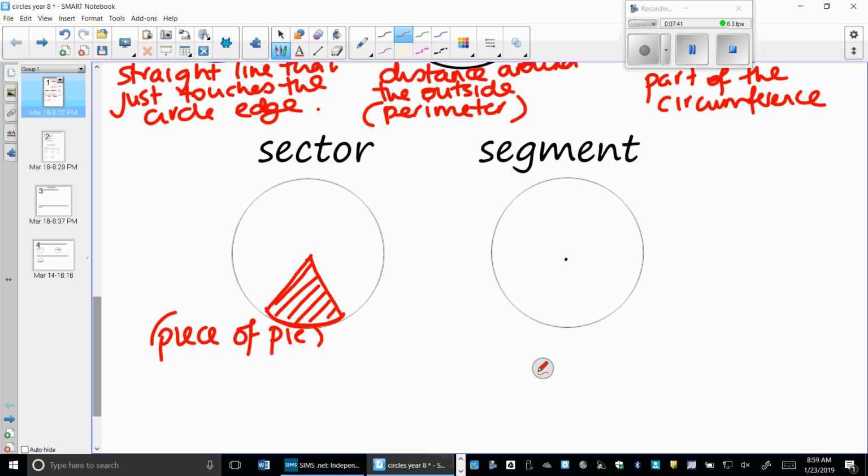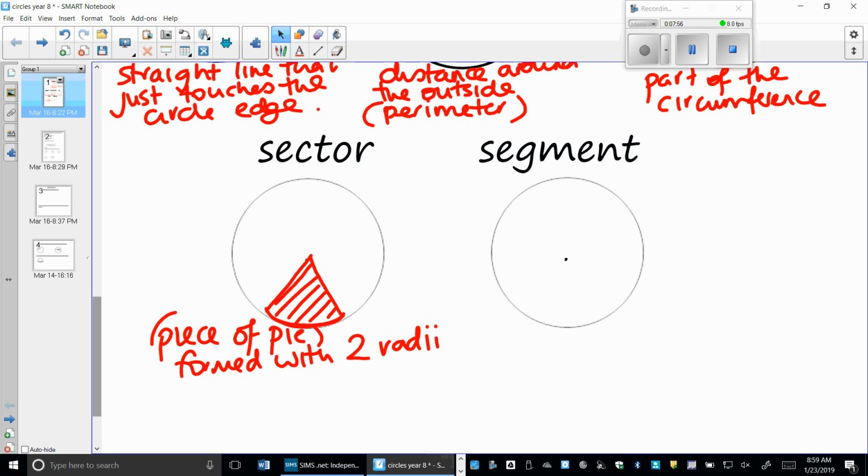So it is formed with two radii. Notice that if you have more than one radius, it's radii. So these two lengths here, these two are my radii. And then what was this bit? This bit here would be an arc.